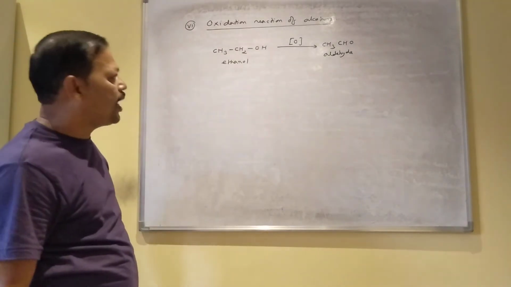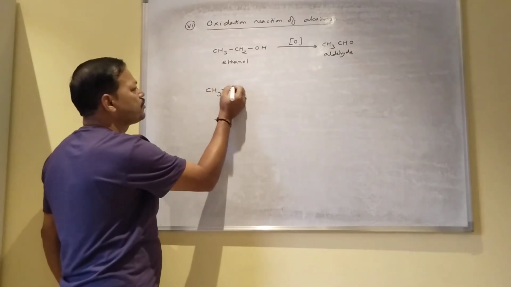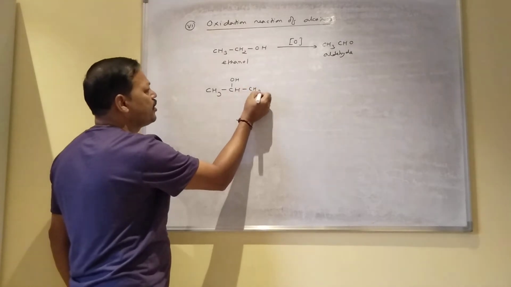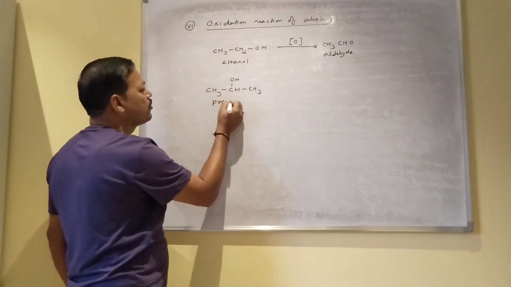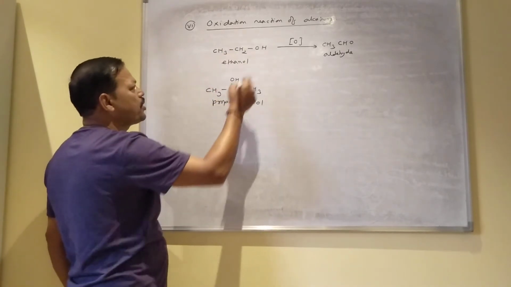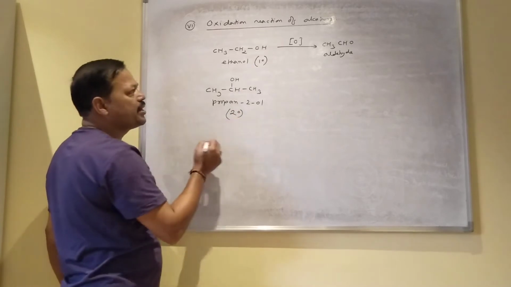the nature of the alcohol. If you take this one, CH3CHOHCH3, its name is propan-2-ol. The difference between this one and this one is, this is an example of primary alcohol, this is an example of secondary alcohol.